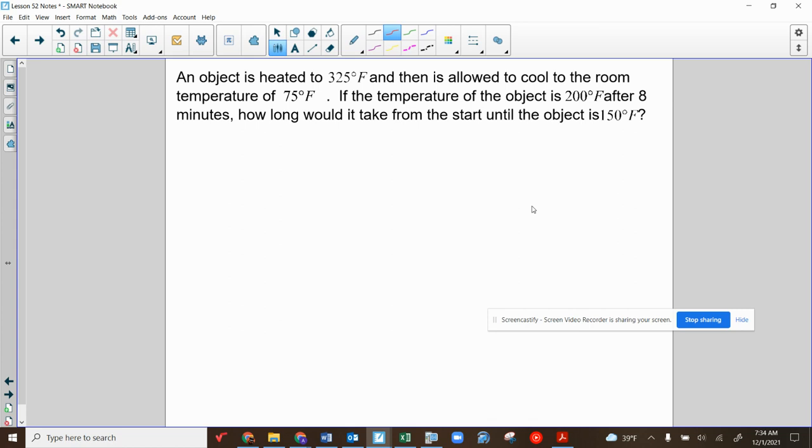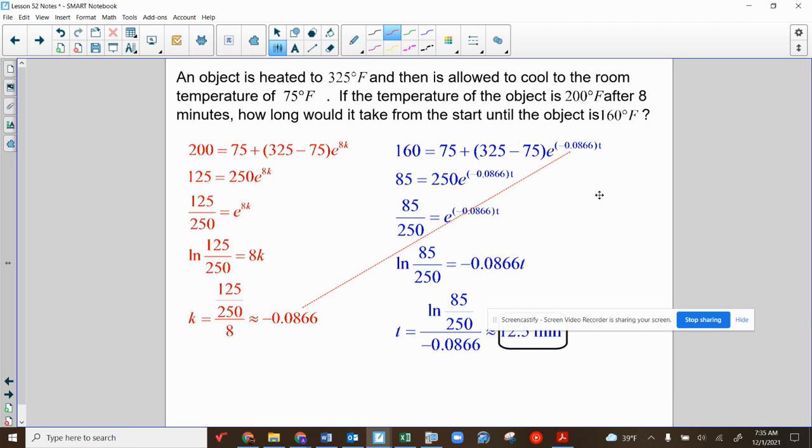So this is just another example. Basically the same type of problem. So I'm going to put up here how to do those. So the first thing, again, you would do just like before is you would find the cooling rate. And then after you find the cooling rate, you would plug in the numbers that you're given.